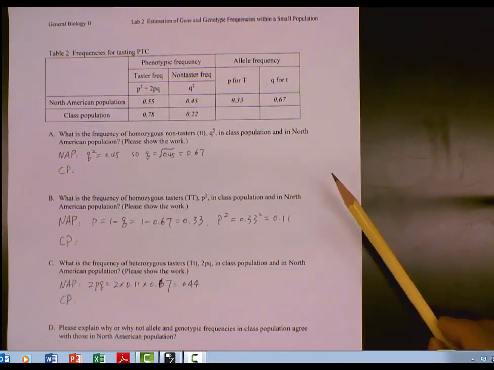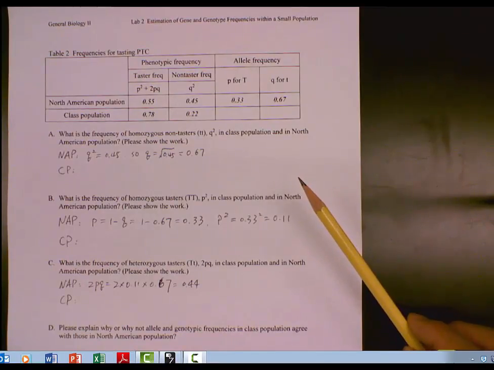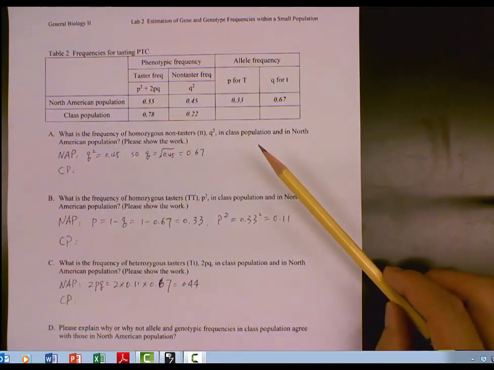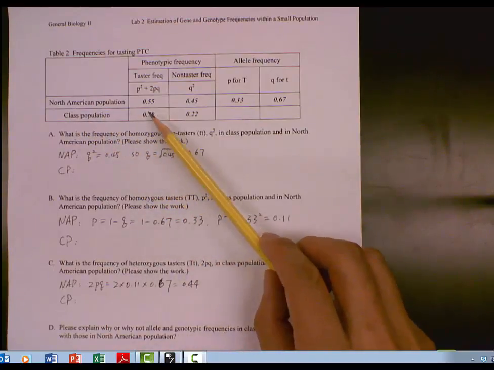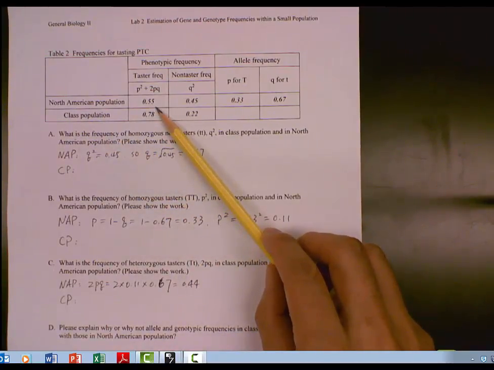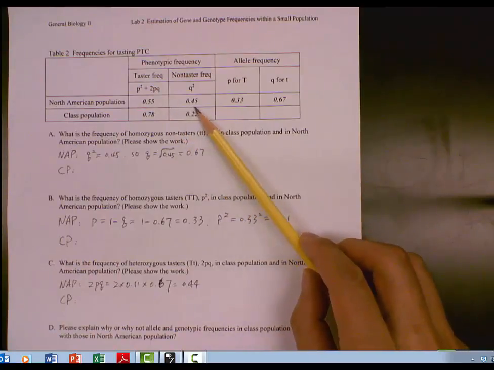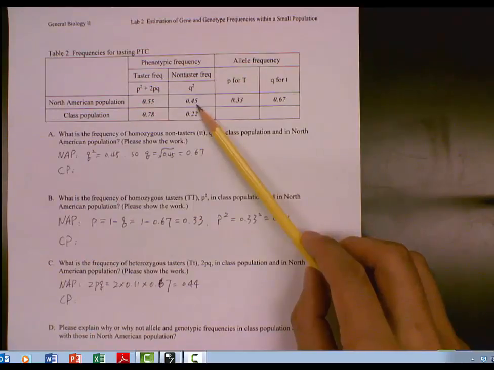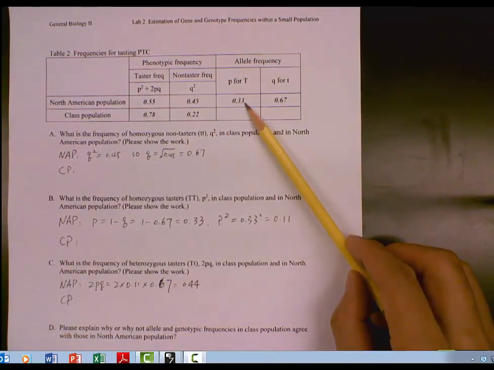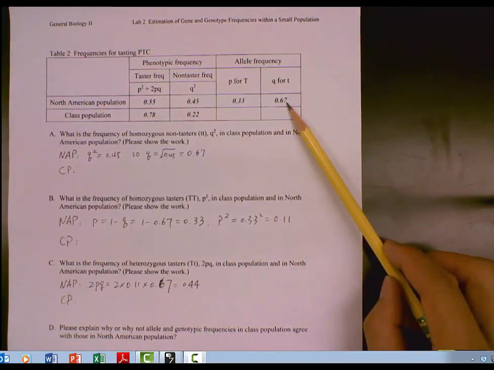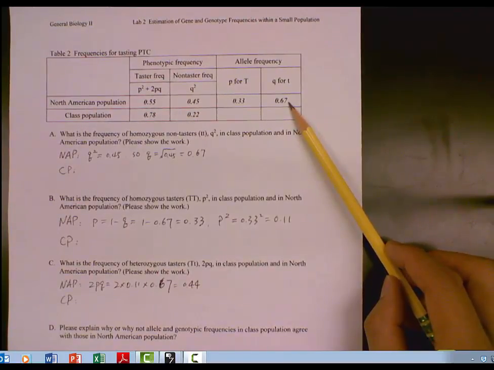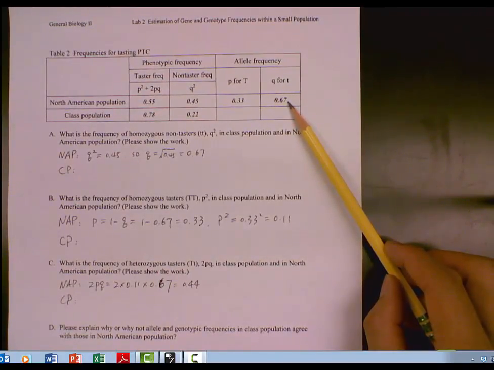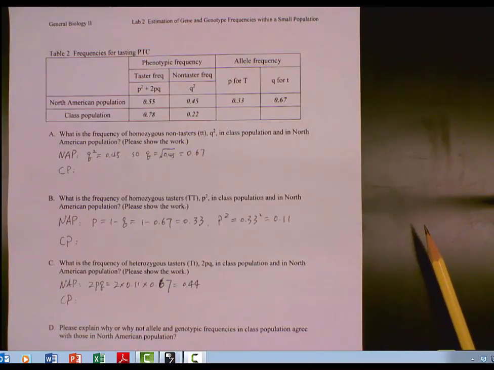In Table 1, some data are already provided. For example, for the North American population, the phenotype frequency is 0.55 for tasters and 0.45 for non-tasters. So we can use the Hardy-Weinberg principle to calculate the frequency of big T and the frequency of little t. I will demonstrate how to get those results using the North American population.